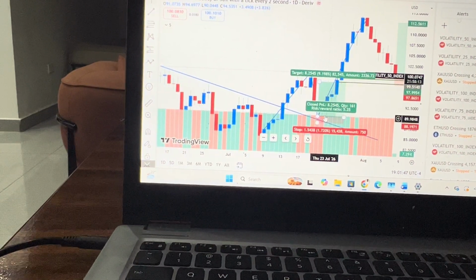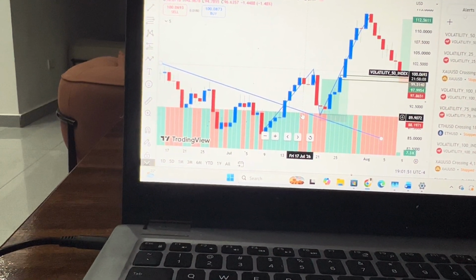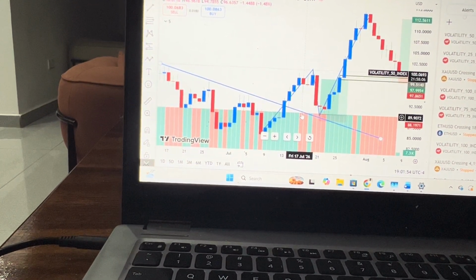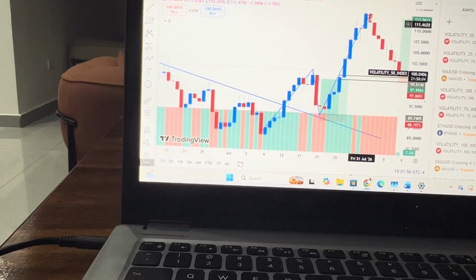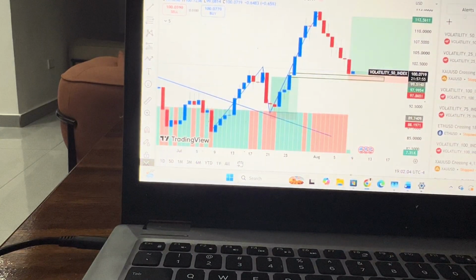Good trade. And what is really likely to happen, as you know, is that the market doesn't move straight up. No, it has to make some retracement. And many people can ask me, why did I take this trade?